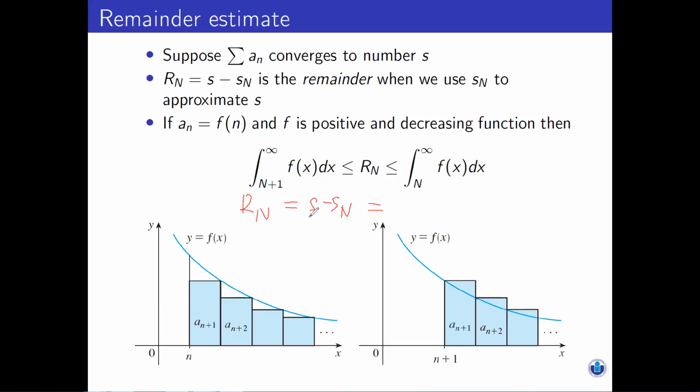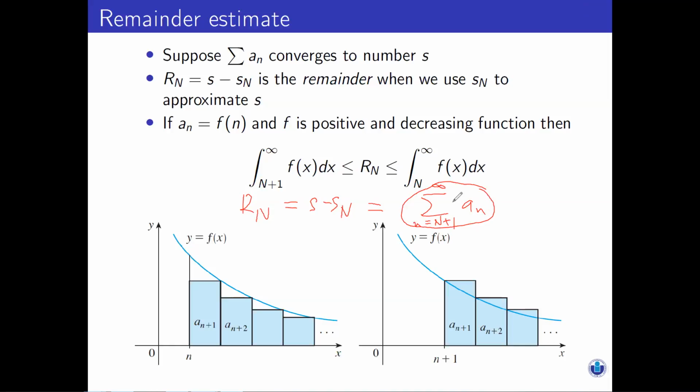S is the sum from say 1 to infinity, and S_N is the sum from 1 to N. So R_N is the sum over n bigger than capital N. Maybe that is also why they call it a remainder.